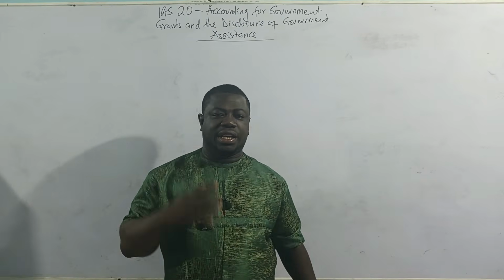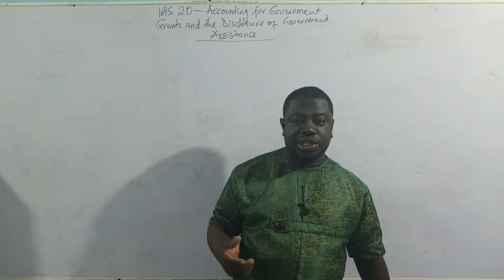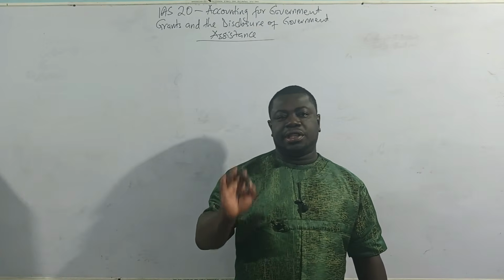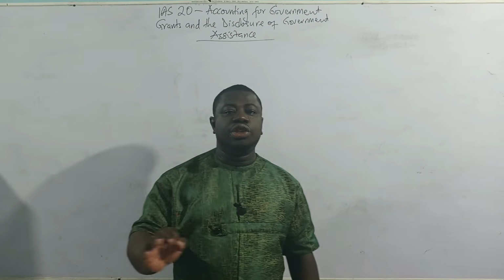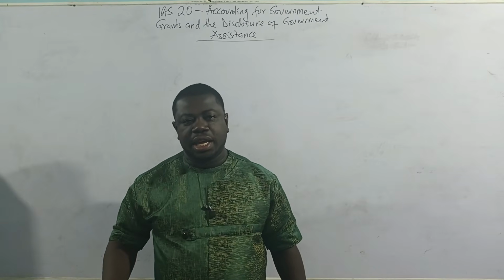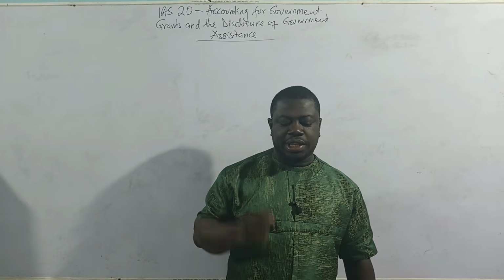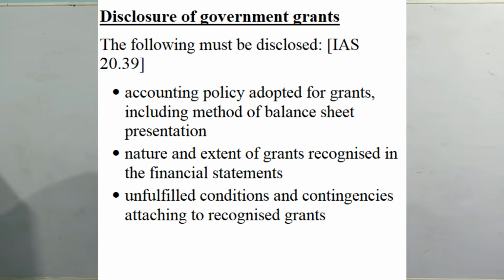When you receive the grant, there are so many accounting policies that you decide to adopt. Whichever accounting policy that you have adopted, you need to disclose in the notes to the account the nature of the accounting policy adopted. So you disclose the accounting policy adopted for grant, including method of balance sheet preparation.